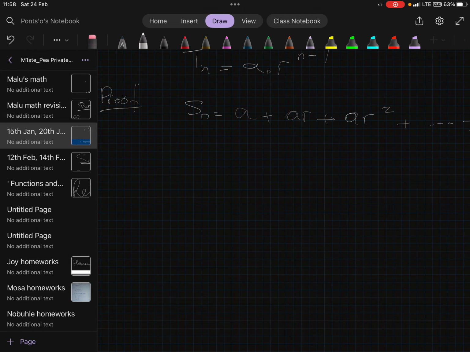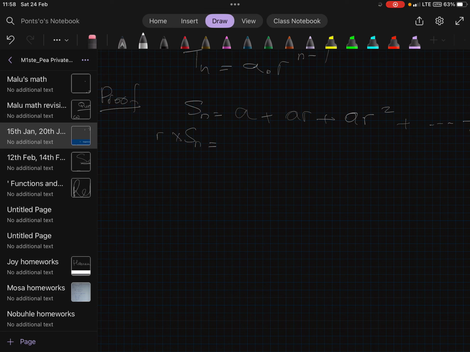And now, in the second equation, we'll multiply the constant ratio by the sum to the nth term of the geometric series. We do that so that the terms we're going to add, the r's that have the power 2, must correspond.